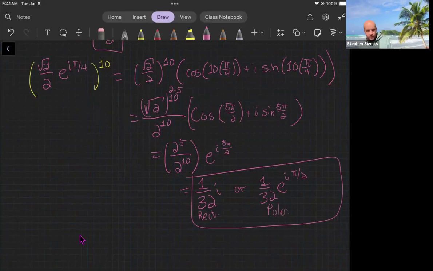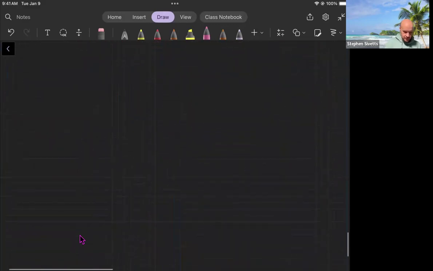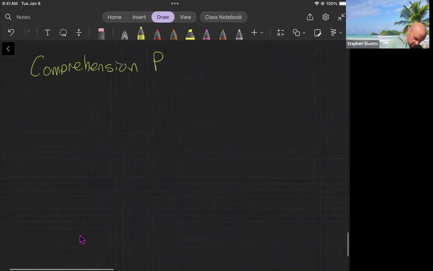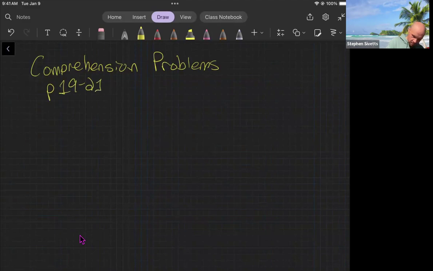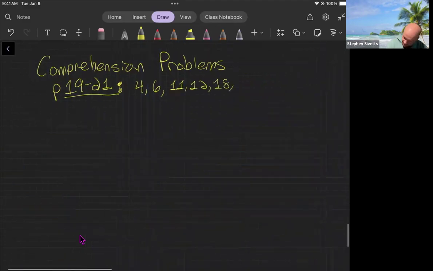Okay, so hopefully that made sense. Here's some problems to check comprehension. So we have 4, 6, 11, 12, 18, 20, 23, 30, and 49.